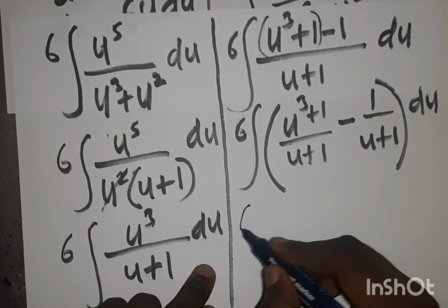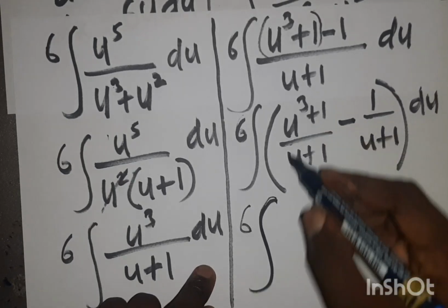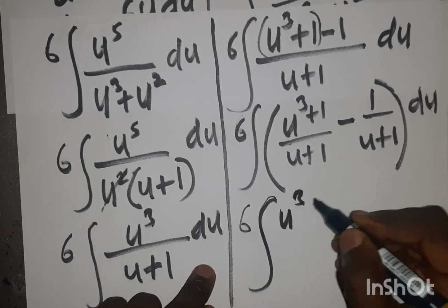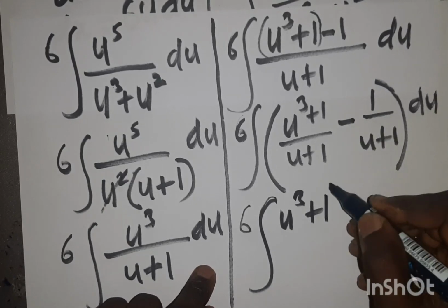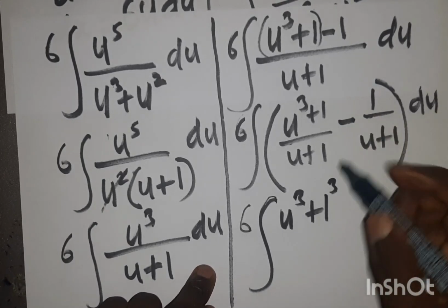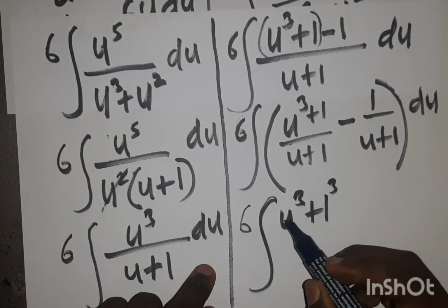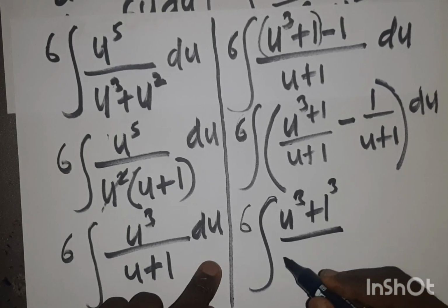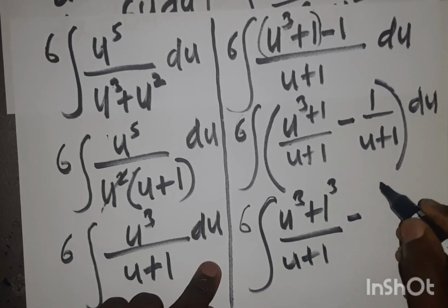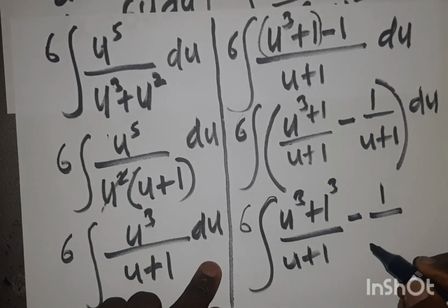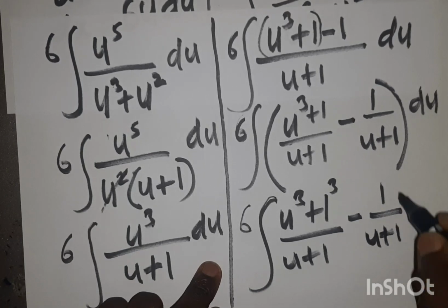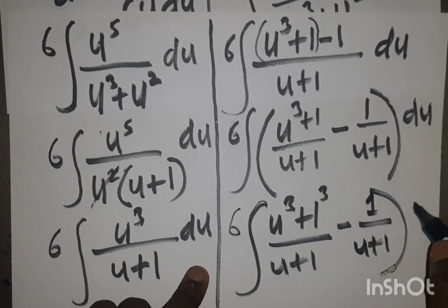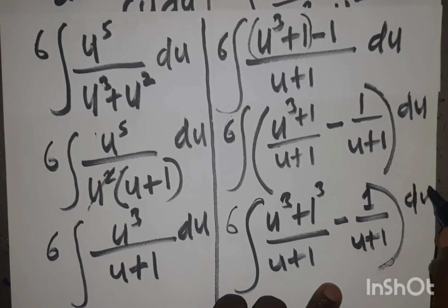So I have 6, and then the integral, u cubed plus, I can write 1 as 1 raised to the power 3, still gives me 1 if I evaluate this. So this is now clearly the sum of two cubes over u plus 1, then minus 1 over u plus 1, all close bracket, then of course the du.